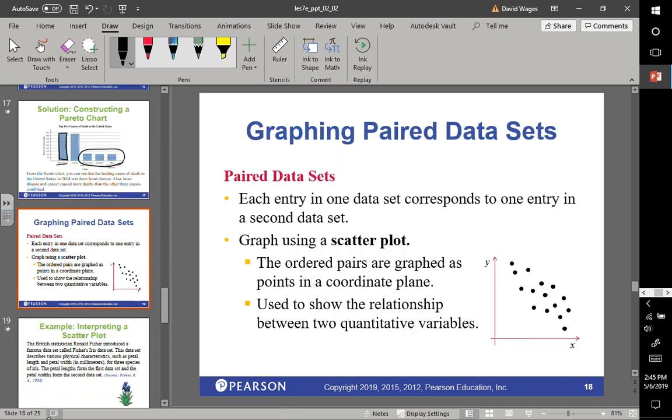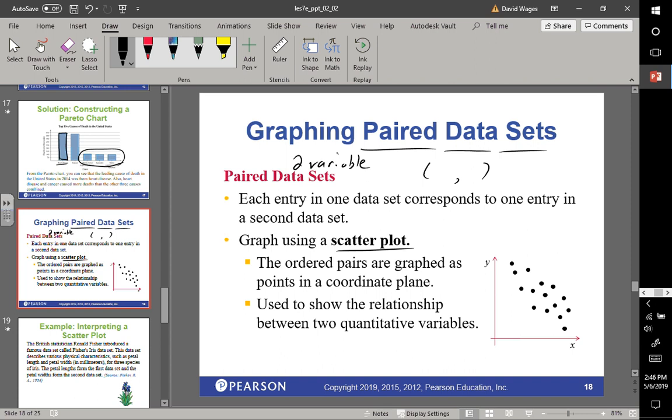Another type of graph is called paired data sets. It's kind of a strange way to say it, but it's just when we have an ordered pair. When we have points that have two variables that are both quantities, then we can make what's called a scatter plot.